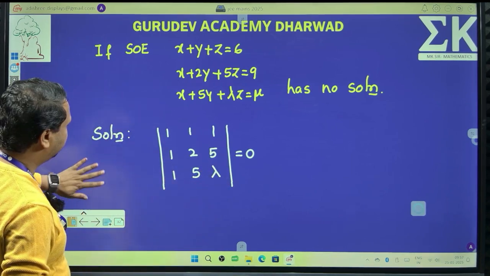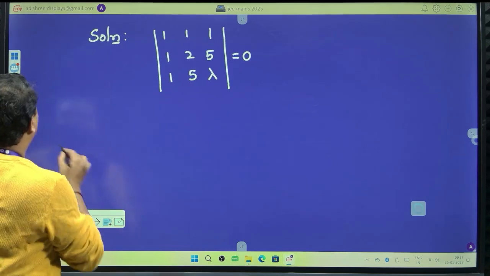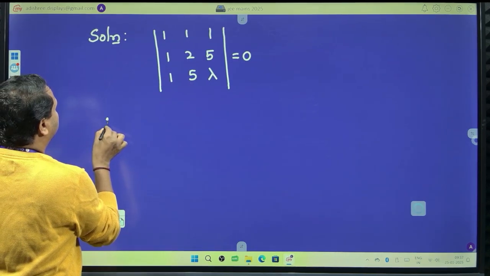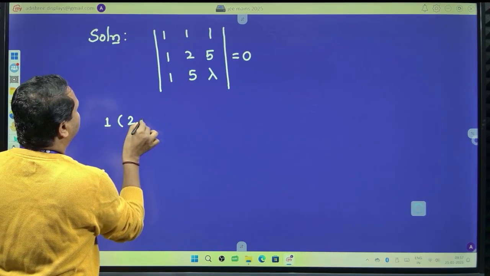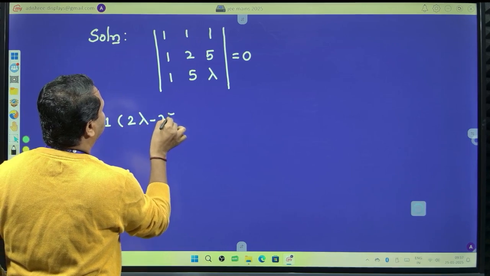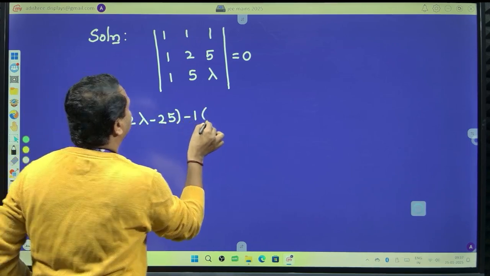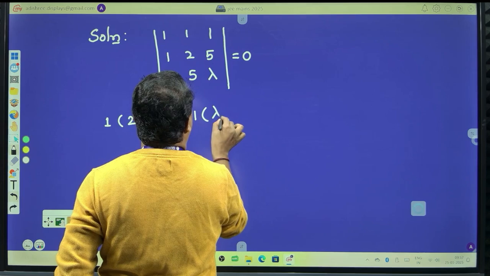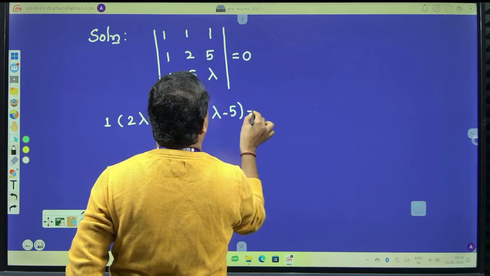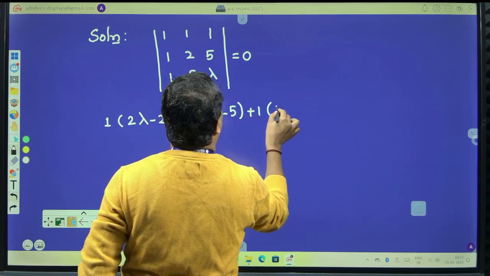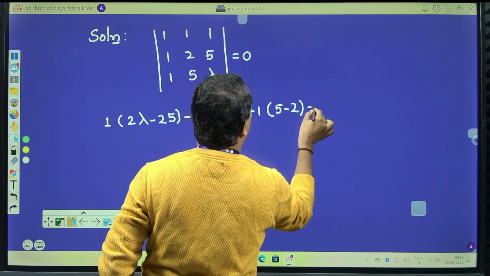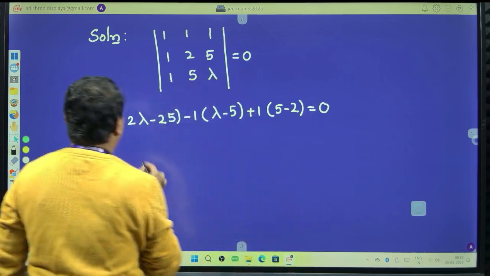So let me consider this. 1 into (2 lambda minus 25) minus 1 into (lambda minus 5) plus 1 into (5 minus 2) is equal to 0. So what we get?